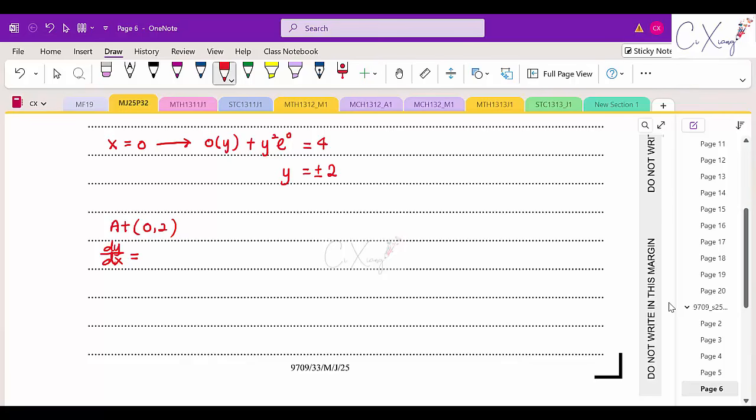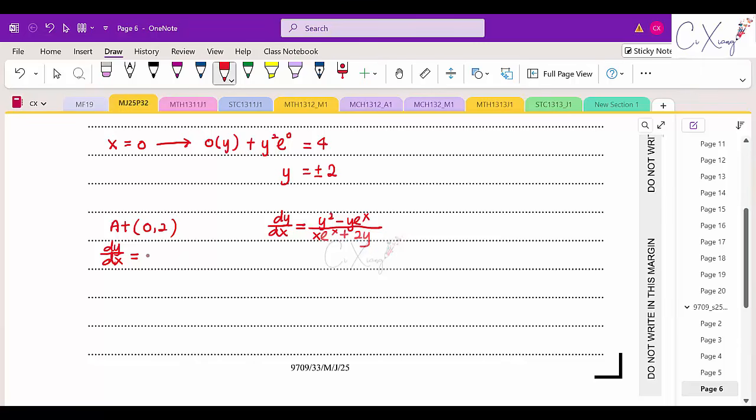Substitute into your dy dx equation just now. Okay, so let's recall again. What is my equation for the dy dx in part A? So in part A, we will be having y squared minus y e power x divided by x e power x plus 2y.